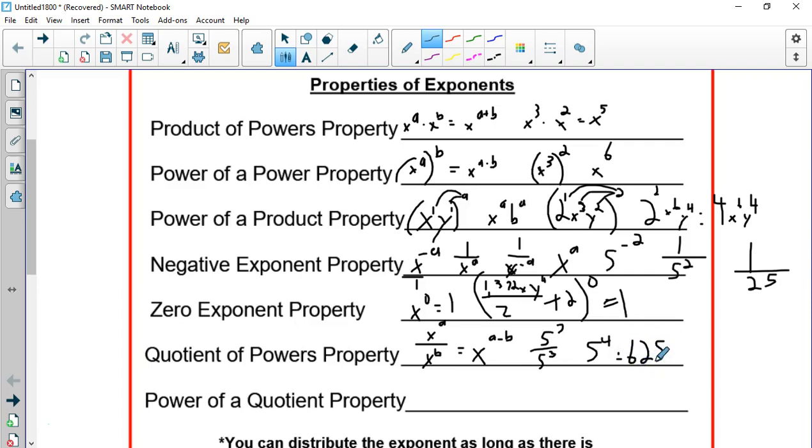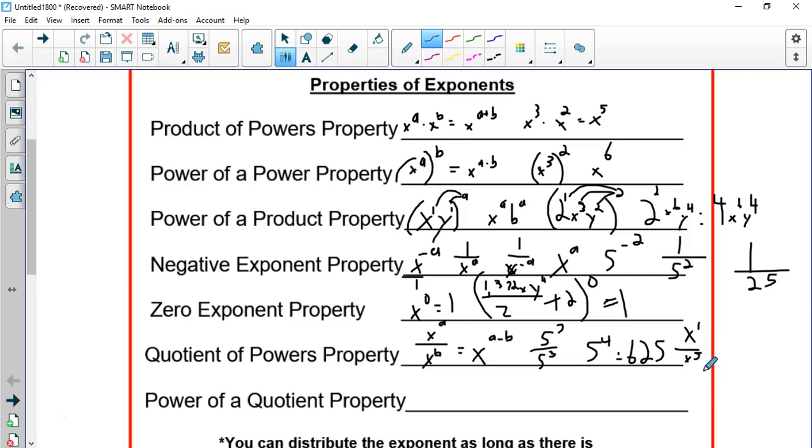Okay? I personally don't like the subtraction rule. I like to just say, where do I have more? And you've heard me say this before. Where do I have more 5s? At the top. How many more? 4 more. And the reason I don't like this rule is because what if I had this, x to the 1 over x to the 5?